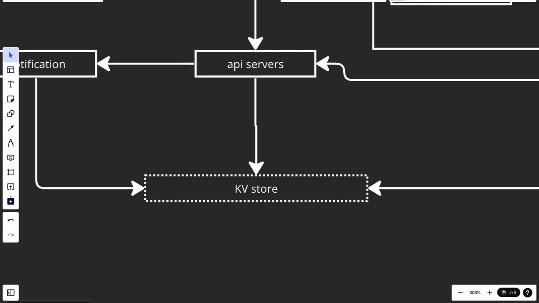We have consistency over availability. If your application prioritizes immediate data consistency over high availability, and can tolerate some performance trade offs, SQL databases are a better choice. We have small to medium sized data. SQL databases are suitable for applications with moderate data volumes.